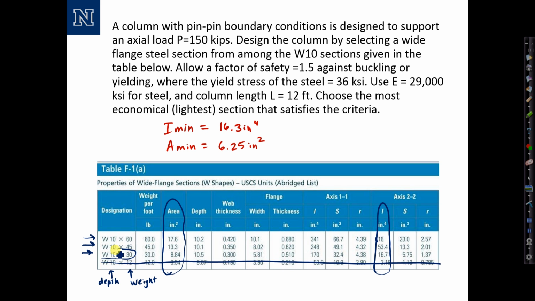So we would choose W10 by 30, 30 pounds per linear foot, and it has the smallest area and the smallest I that satisfies the criteria. So to summarize, the answer is simply choose a W10 by 30 for design. And that completes this problem.